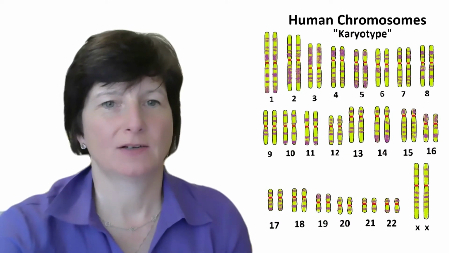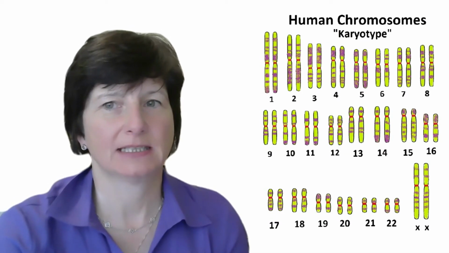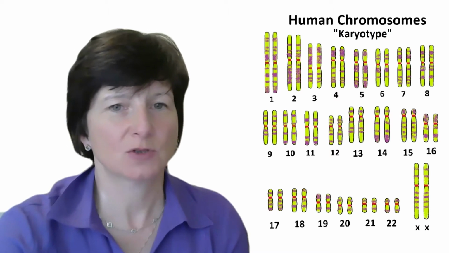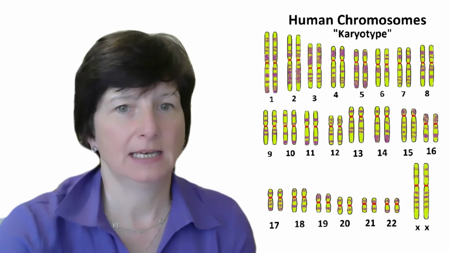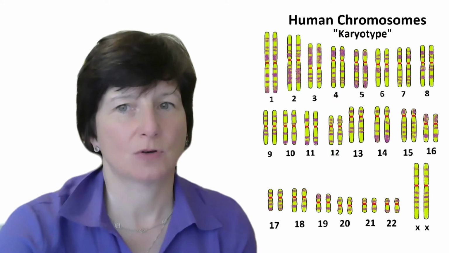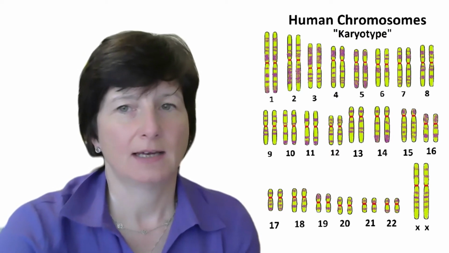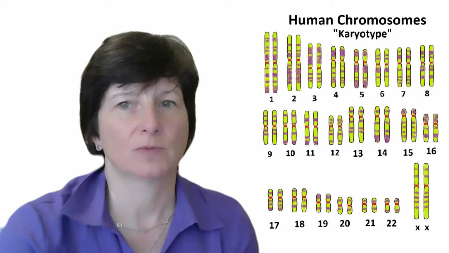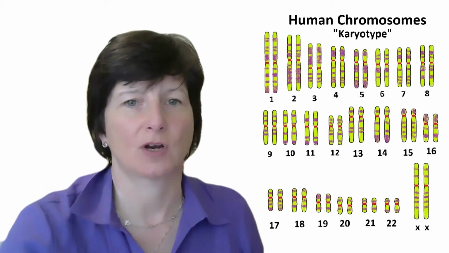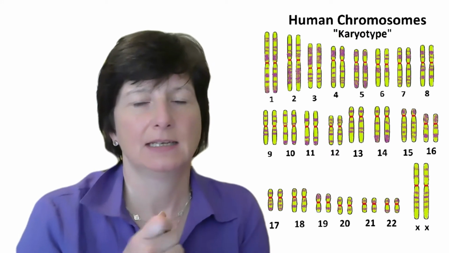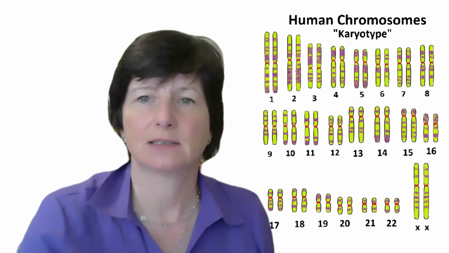If we zoom in on the nucleus of a human cell, we'll see that there are chromosomes, and the chromosomes come in pairs. So the DNA is found on the chromosomes, and along the chromosomes we have the genes. So the level of organization is DNA, genes, chromosomes.